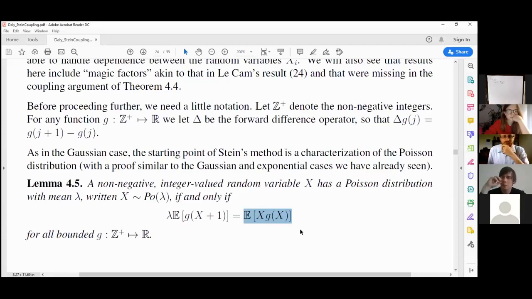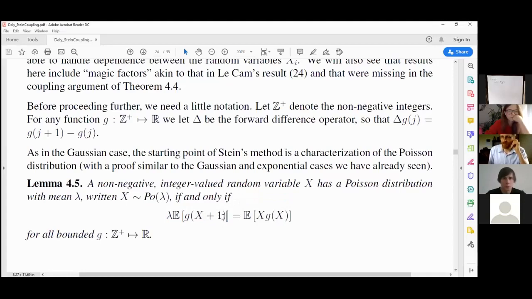So this characterization is saying that I'm Poisson if and only if my size bias version, if I move that lambda over to the other side of that equation, the expected value of g of my size bias version is the expected value of g of my shifted version. So that characterization for Poisson is saying that I'm Poisson if and only if size biasing is the same as shifting by 1.